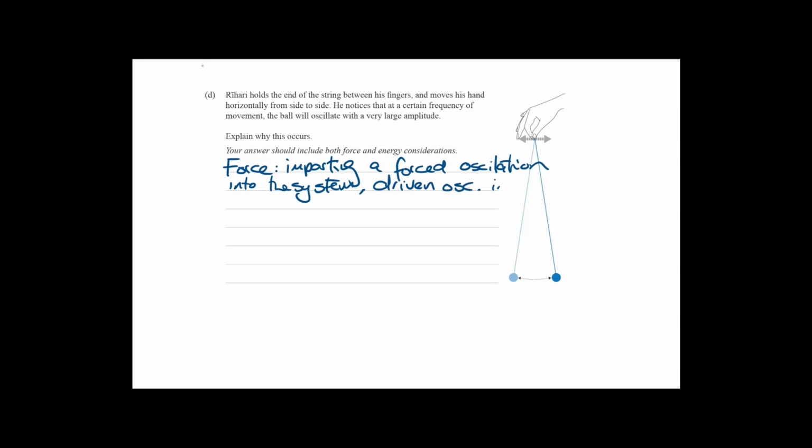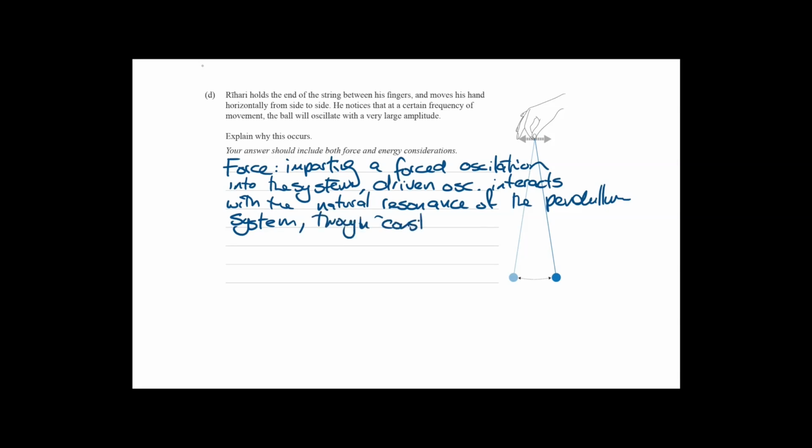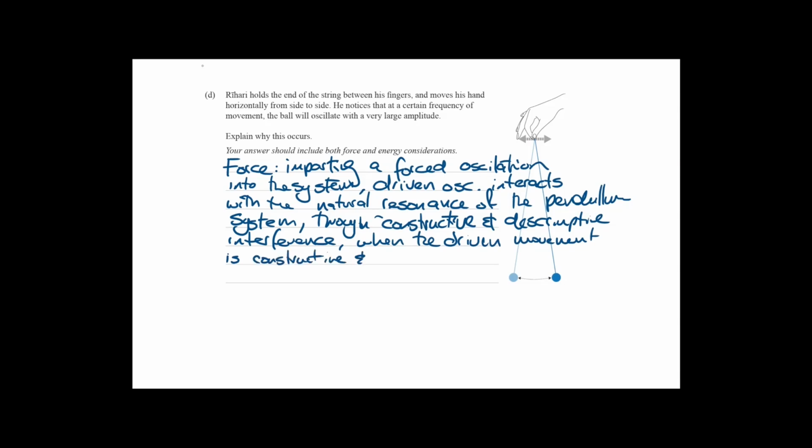What that does, it interacts with the pendulum system through constructive and destructive interference. When the driven movement is constructive and the resonant frequency is constructive, we have a node in which we have large amplitude, and vice versa.